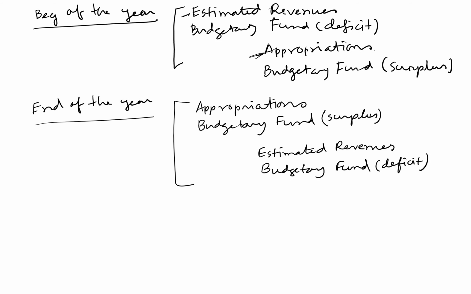So the closing budget entry will be just the opposite: initially you credited appropriations, now you're going to debit it, and you debited estimated revenues, you're going to credit it, and depending on whether you had a surplus or deficit, you will also close that part. Remember the textbook uses the term budgetary fund, and the CPA prep material uses the term control.